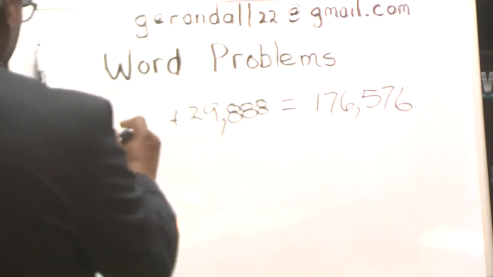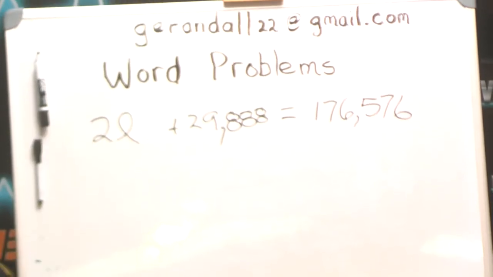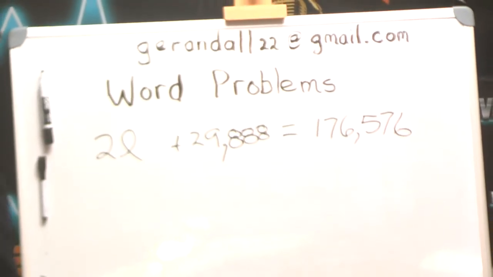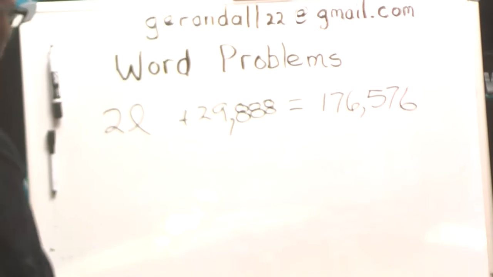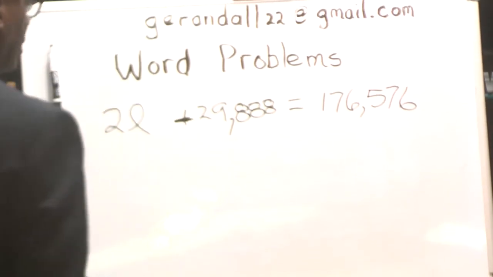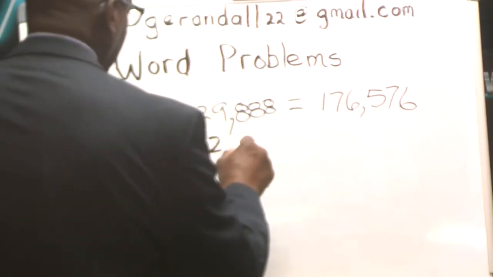So Longview is L, and twice that is 2L. And we've got to find what Longview is. The process, remember those cousins. If you've added 29,000, we've got to subtract 29,000.